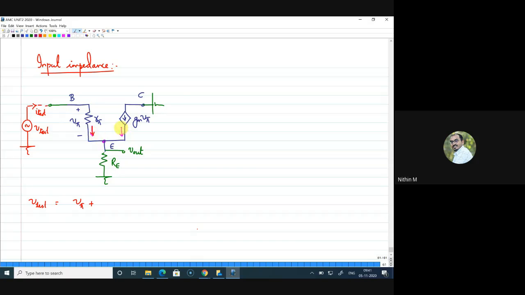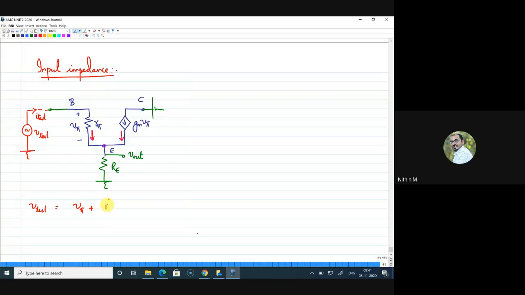One is the current from here, and another is the current from this side, which is the GMV pi. So the total current through RE is one is I test. I test is one current, and the current from the other side is GMV pi, this into RE. This is actually V test. Or this can be written as, what is V pi? V pi is again I test into R pi.